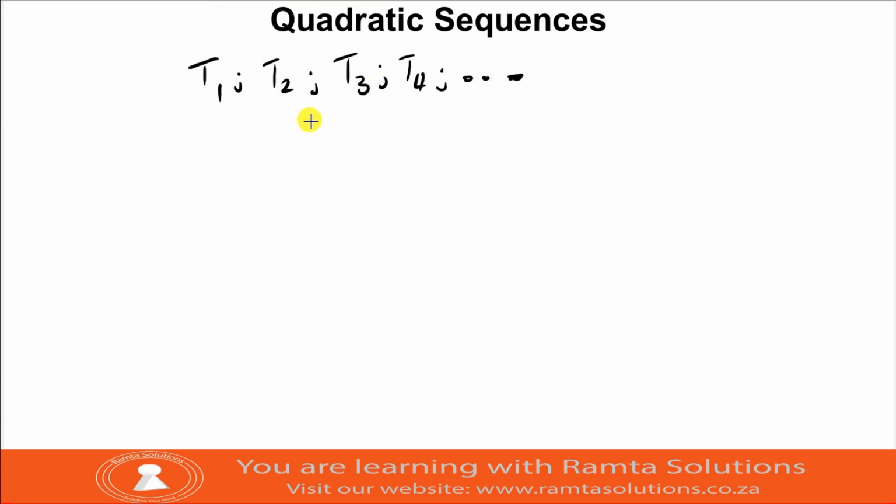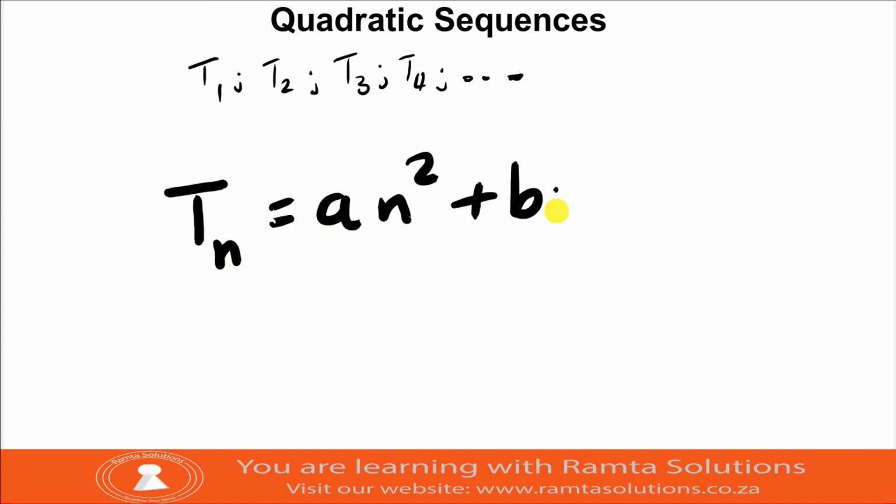Your quadratic sequences have the general term Tn equals an squared plus bn plus c.